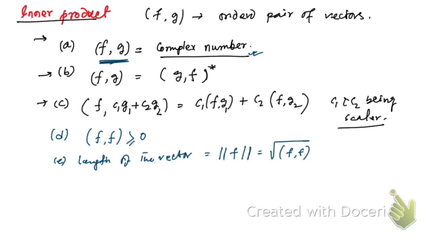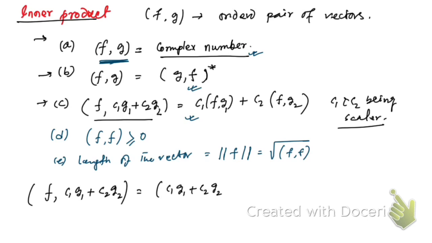And here you see, if you use these two properties, then you can write, suppose if you change the order, this is F comma C1 Z1 plus C2 Z2. If you change the order, then you must take the complex conjugate: C1 Z1 plus C2 Z2 and F, then you must take the complex conjugate according to this property, right?